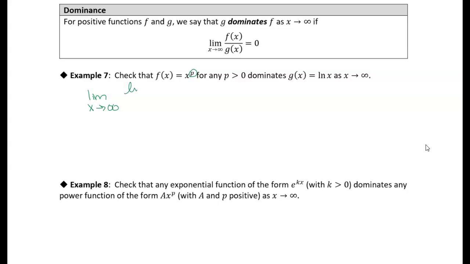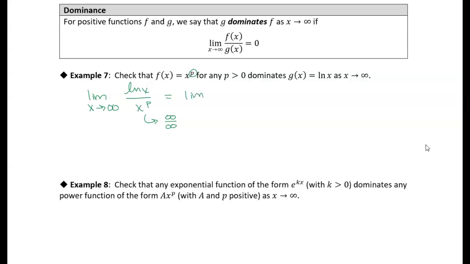So we're going to take the natural log of x and divide it by the power function that we're expecting to be dominant. And we know that this is an indeterminate form, right? Because they both grow without bound as x goes to infinity. They both go to infinity. So we have this indeterminate form, and we can apply L'Hopital's rule to it.